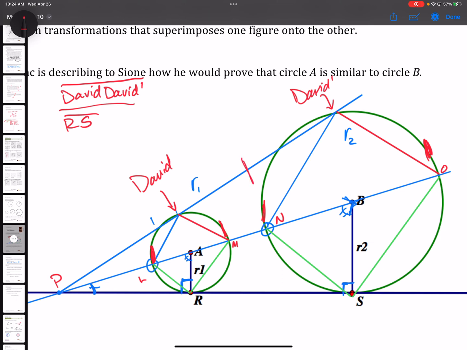So he took this big section to this big section, and he's saying that is similar to this smaller section over this big section.